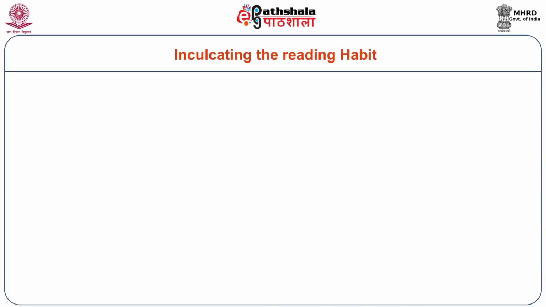When we talk about methods, when we talk about different requirements of learning this language, the first thing that comes up is reading. Inculcating the reading habit in the students is a challenge not only for parents but also for teachers. This is the time when teachers want them to study, but students want fast food kind of knowledge.